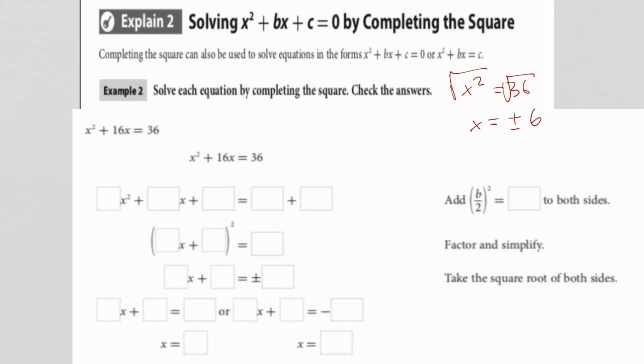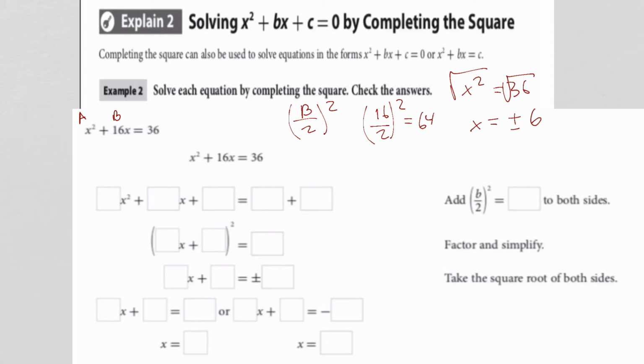So if this is A and that's B, we're trying to figure out, well, what do we need to add to make this work? So I'm going to take, remember the process was B divided by 2 squared. So what is 16 divided by 2 squared? That's going to be 8 squared, and that's going to be 64.